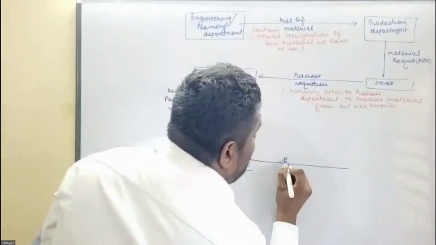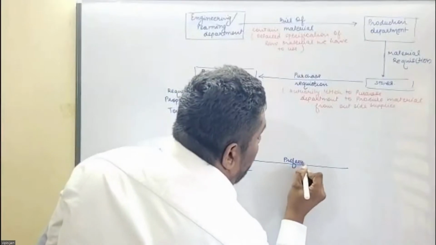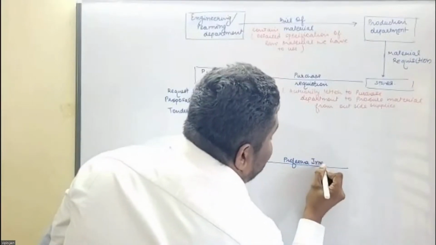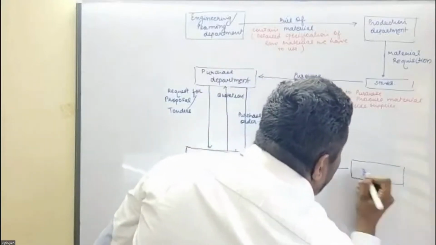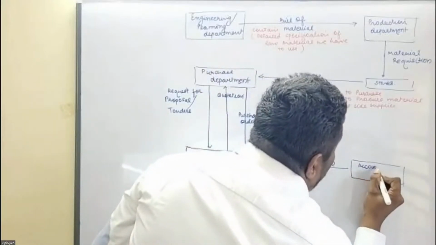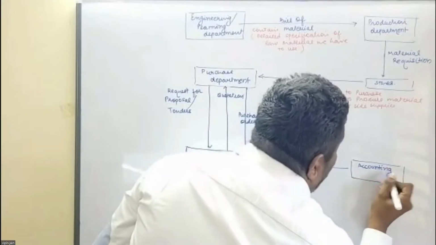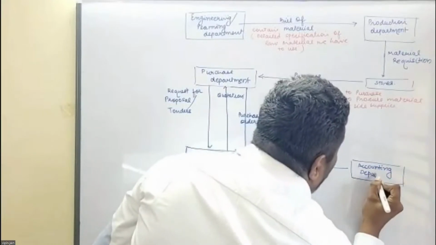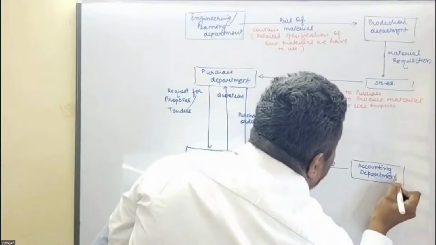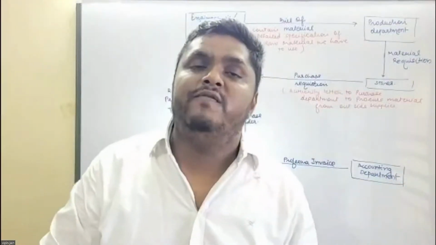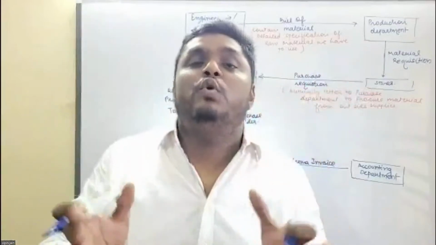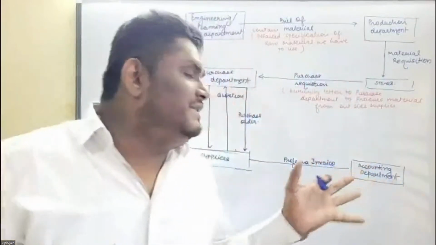They will issue pro forma invoice to the accounting department of the company that this much is the total bill amount that you guys need to pay.